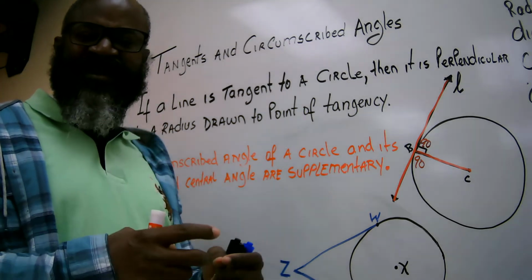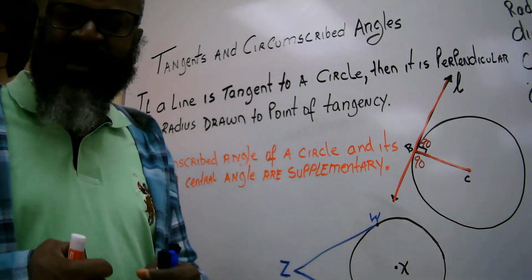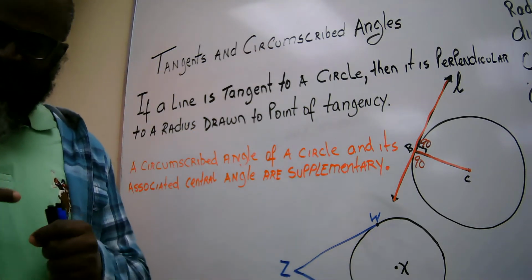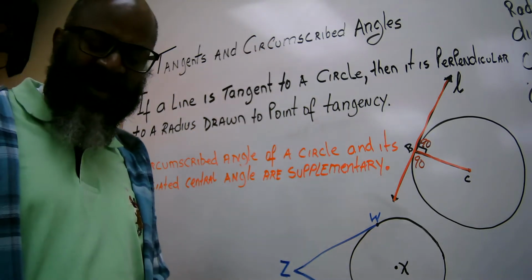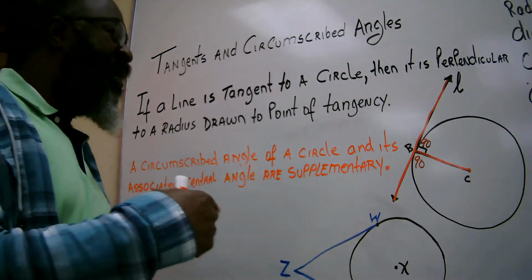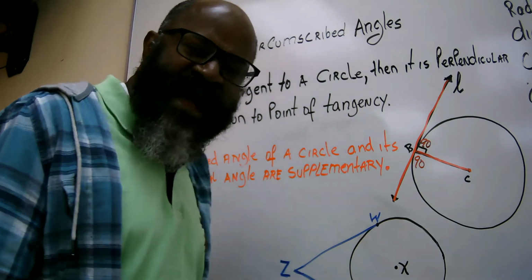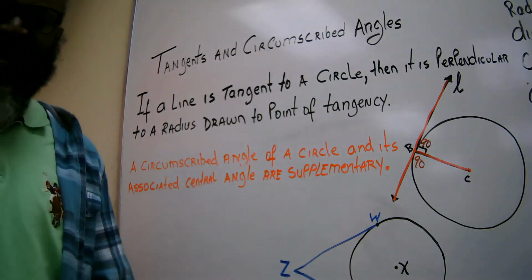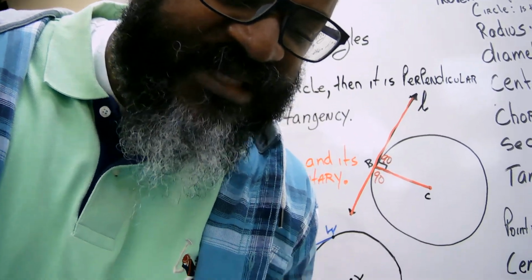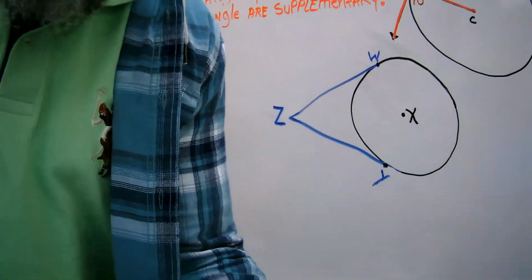This is a very easy concept to remember. Let's try to remember that. Any line that is perpendicular will form 90 degrees.